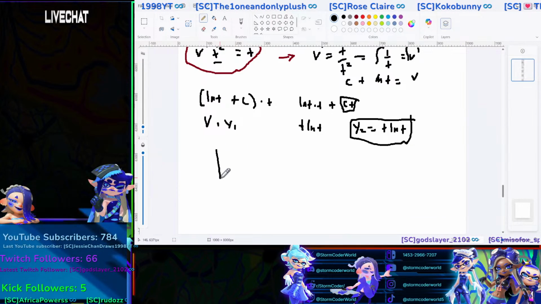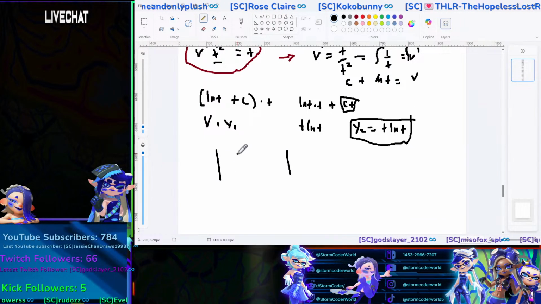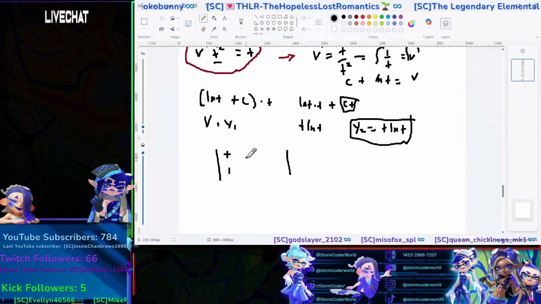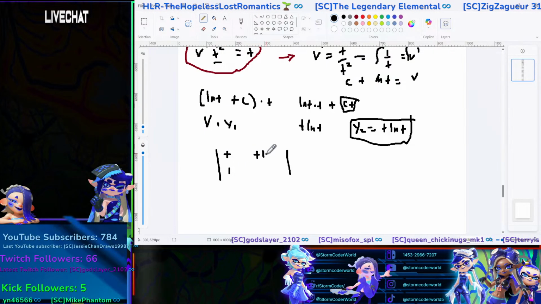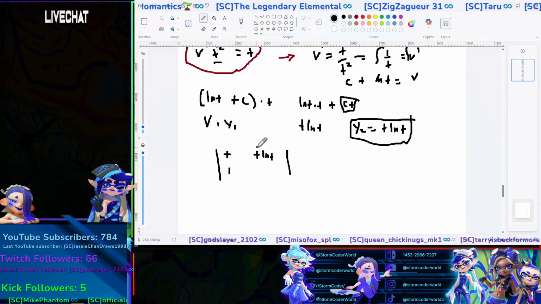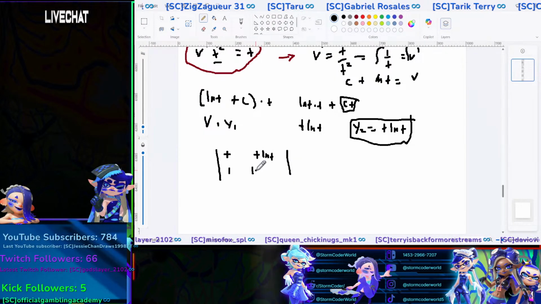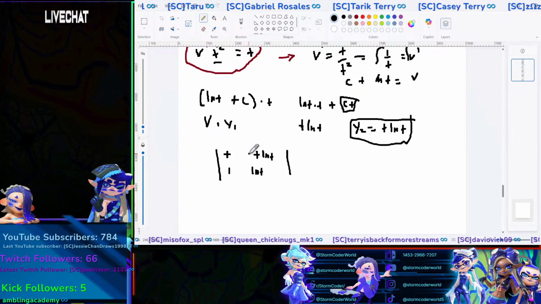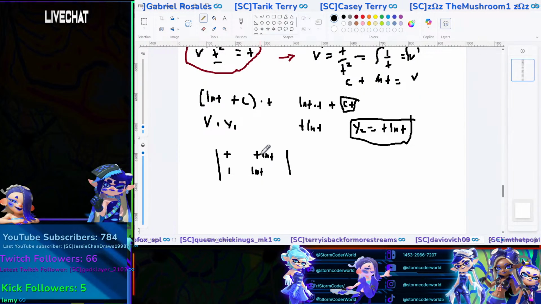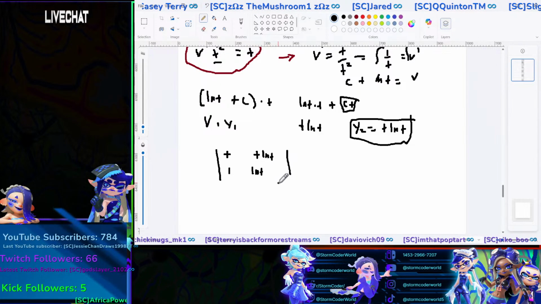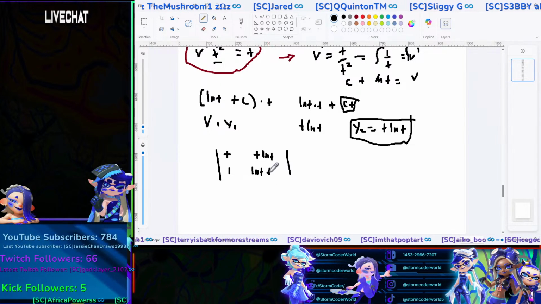And then to prove that these are a fundamental set of solutions, we have t here, and then we have t ln t here, and then we take a derivative of this, so you get ln t in one case, and then you'd have t times 1 over t, which would give us 1, so ln t plus 1.